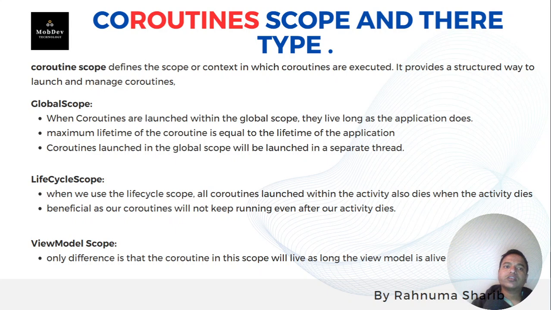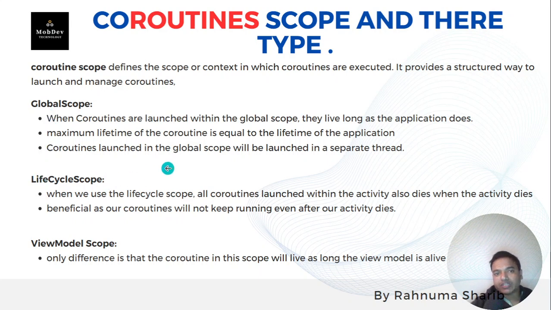So if you start a coroutine in the global scope, it will be long-lasting, until your application is running or alive. This is the longest a coroutine can be available for us. If you want your coroutine to live longer, you can use the global scope.